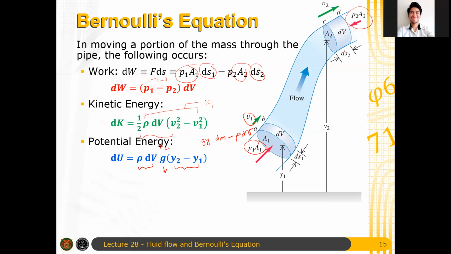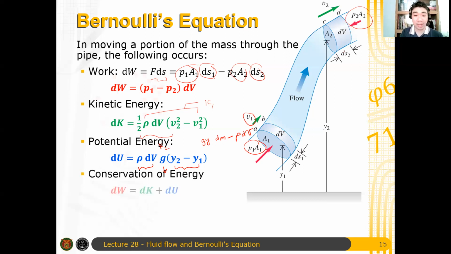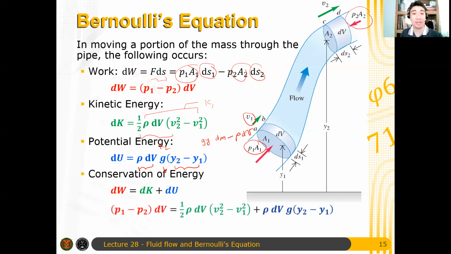And then, we know that since wala namang energy loss na nangyayari dito, ideal fluid, walang viscosity, then we say that conservation of energy is true, and therefore we can relate the total work done to the total differential kinetic energy and differential gravitational potential energy. And hence you get this relatively long expression here. P1 minus P2 times dV equals that kinetic energy term plus that potential energy term.